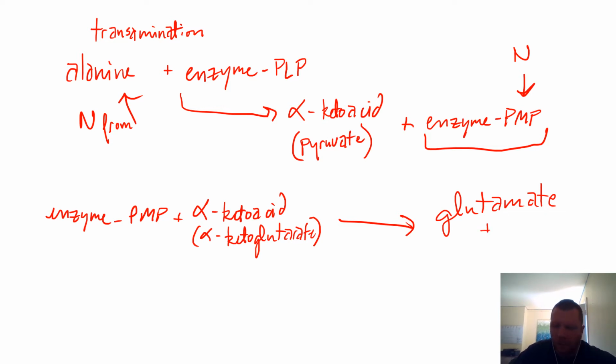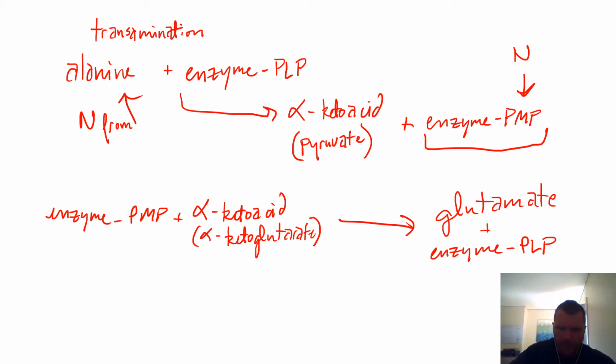And we will also generate our enzyme PLP. Sorry, we transferred our nitrogen from enzyme-PMP to our alpha ketoglutarate, and so that gives us our glutamate, and we returned our enzyme PLP to its original state. So we could begin doing this transamination reaction again.